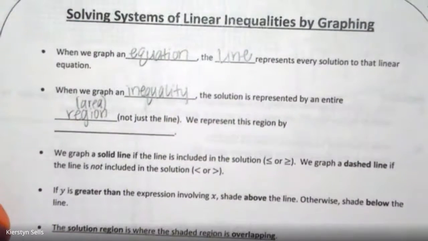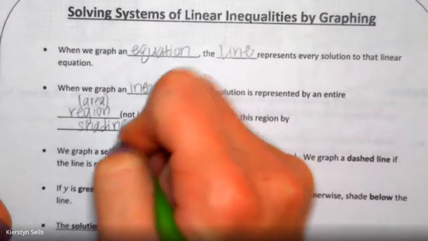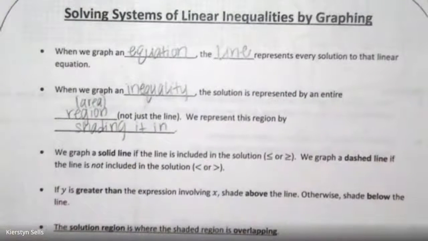We represent this region by shading it in. So remember we talked about that last week, how the solutions were all the things in the shaded part. We graph a solid line if the line is included in the solution.